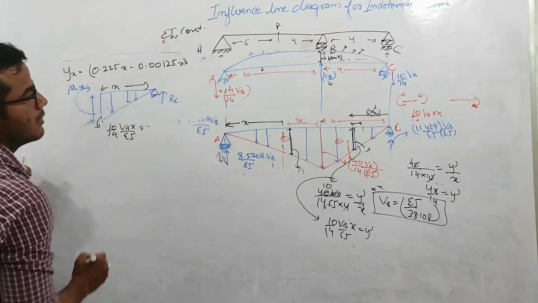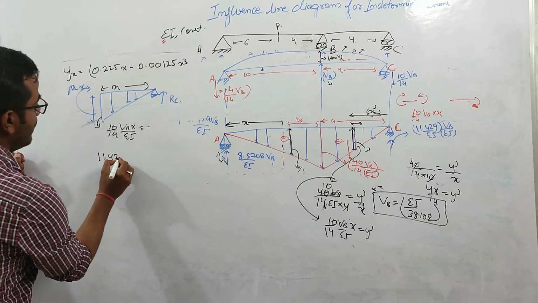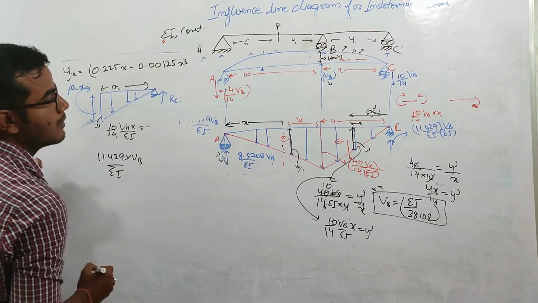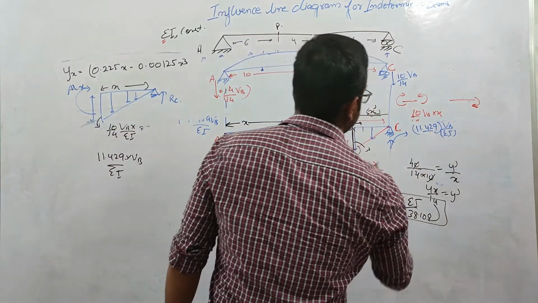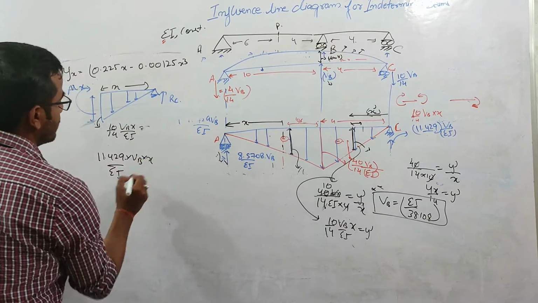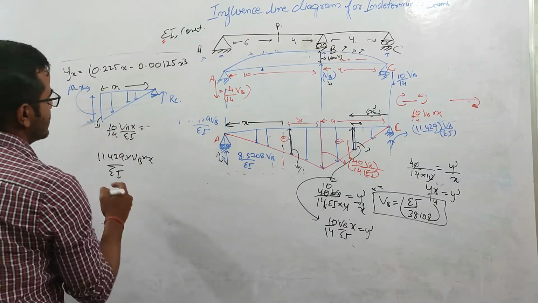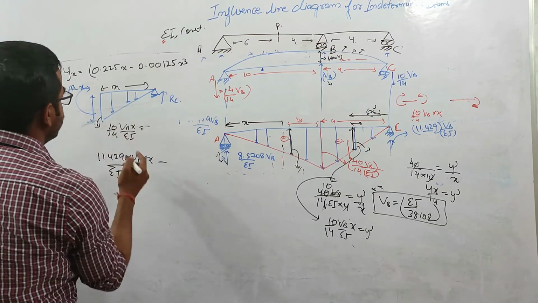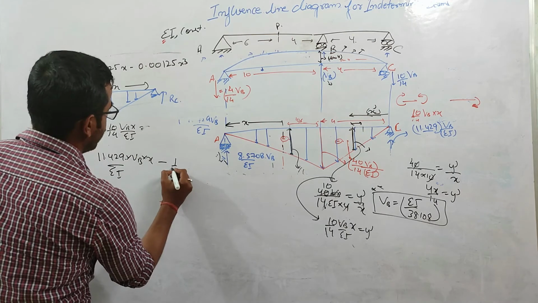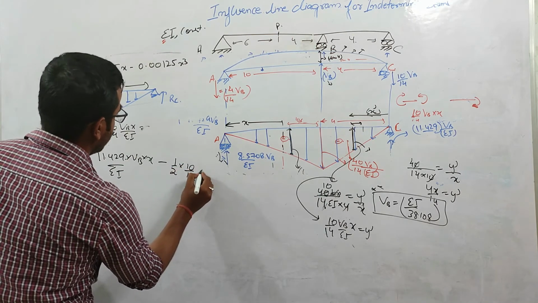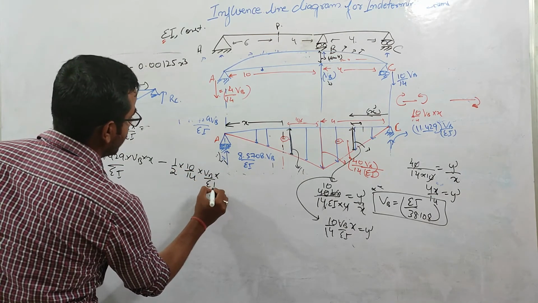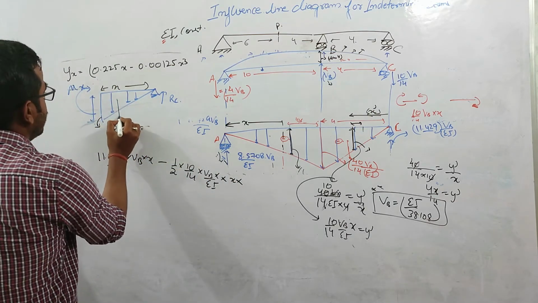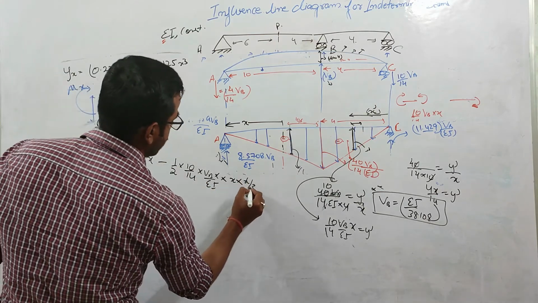I need to calculate first, due to this RC, the moment at a distance of x will be 11.429 into VB over EI into x. Let us assume this direction as positive, so the clockwise direction will be negative. This value will be half into 10 by 14 into VB x over EI into x, and this will act at a centroid, and the value will be x by 3.